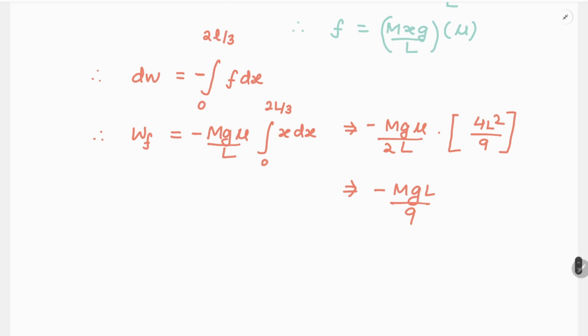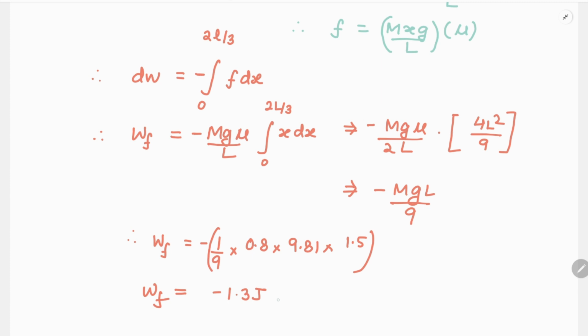If we substitute the rest of the values, we get work done by frictional force as 1 by 9 times the mass of the chain 0.8, taking value of g as 9.81 and length as 1.5. So we calculate that the work done by frictional force is minus 1.3 joule. So this is the answer for the problem which we have discussed here.